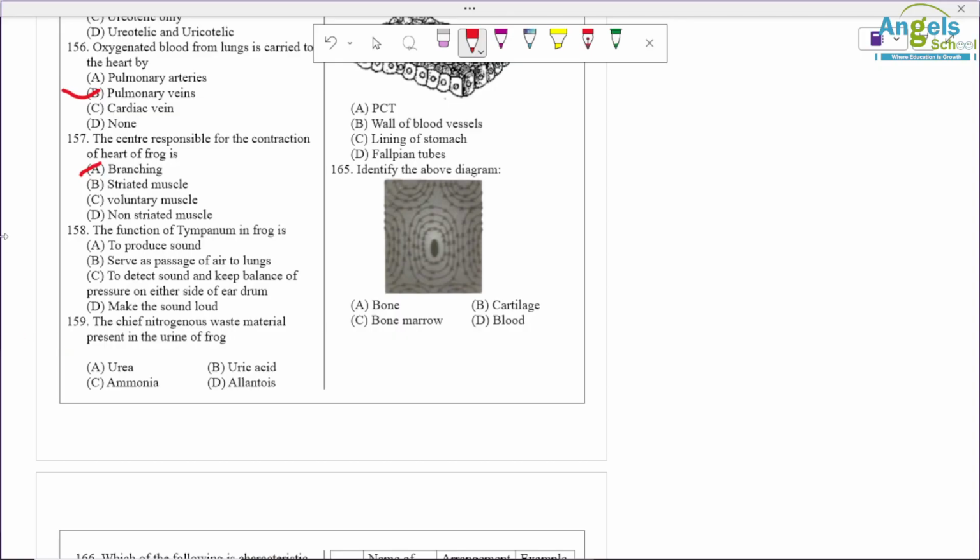The function of tympanum in a frog is to detect sound and keep balance. So C is the correct option.